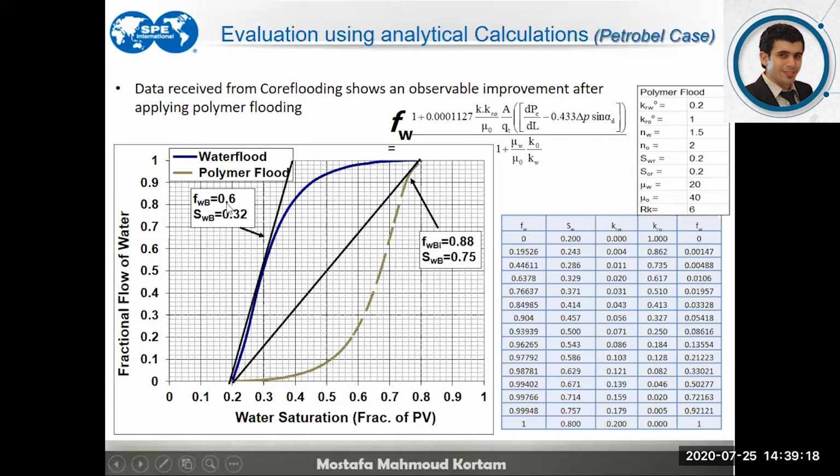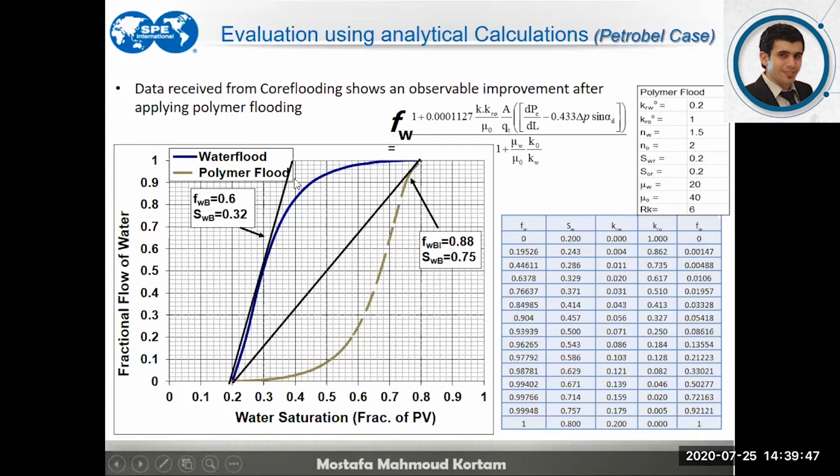This is a fractional flow, or the water rate over the total rate. It is different from the water cut, but it can be taken as an analogy. So that was actually the case. If you remember the first case we were reviewing, right away after starting the injection there was a jump in the water cut and the field was operating with a higher water cut.